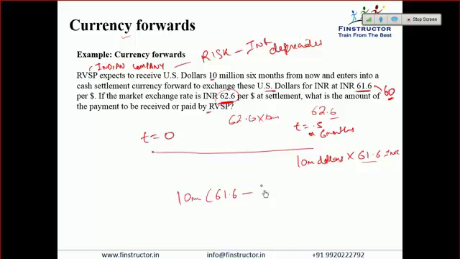And if he sells, so he is buying the INR for 61.6.